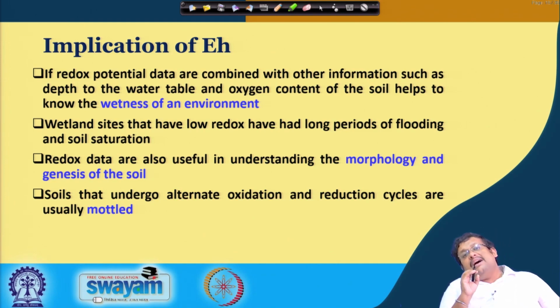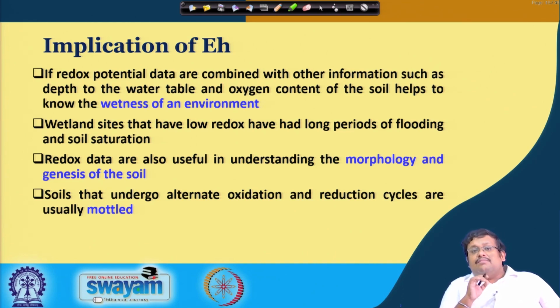If you see the redox data of that soil, we can identify that this environment may have created this type of soil. Soils that undergo alternate oxidation and reduction cycles are usually mottled. We will see that picture in a while. So, alternate oxidation and reduction in soil changes its color; we call it mottling.